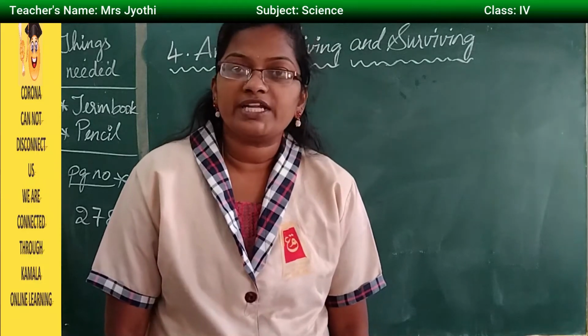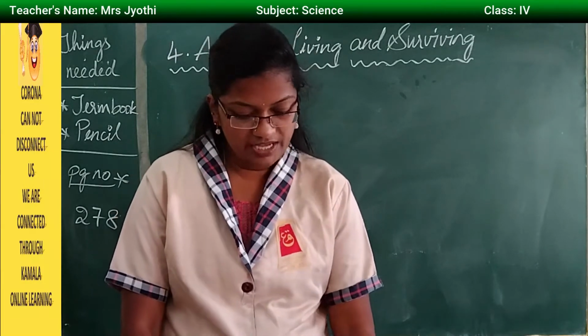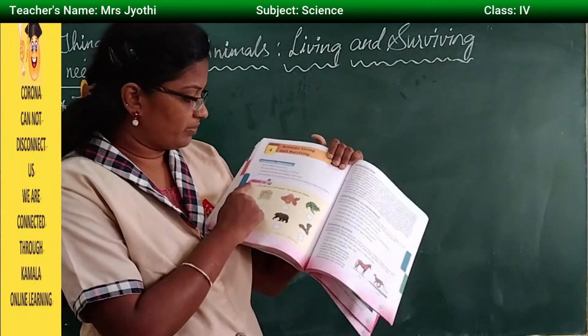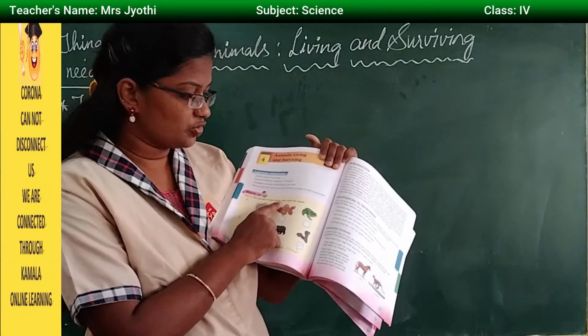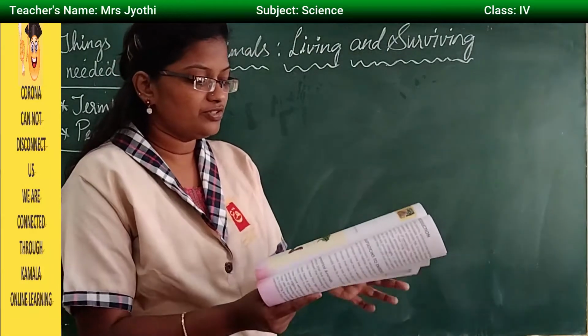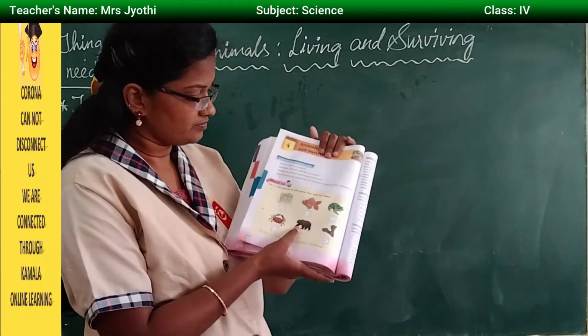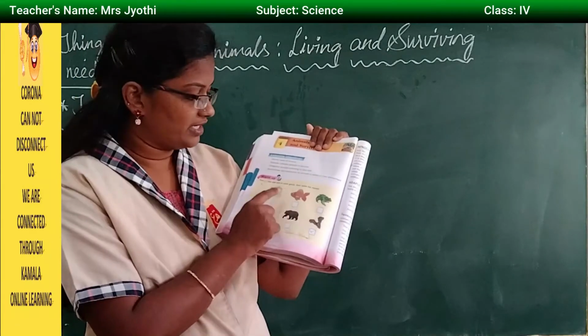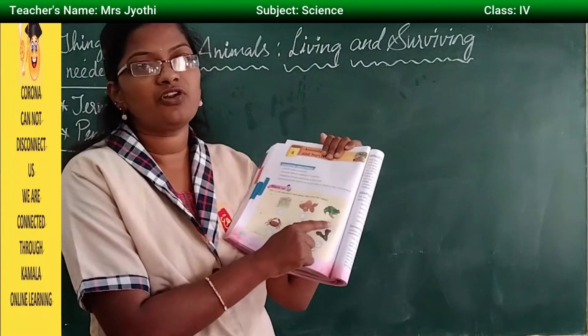Page number 278. Here you have a warm up. Pick the odd one in each group and also state the reason. In the first one there are 3 animals: lizard, fish, frog.